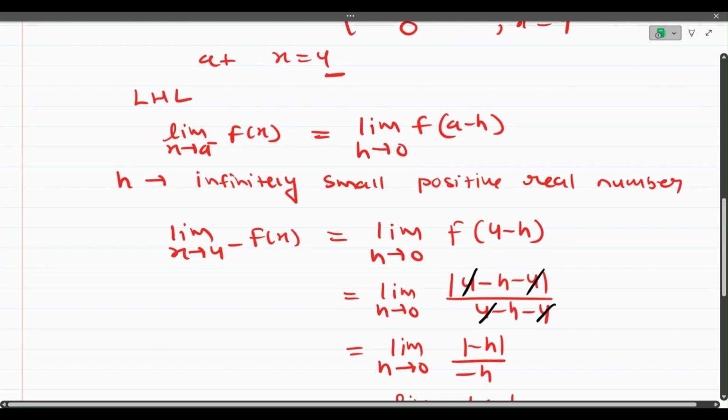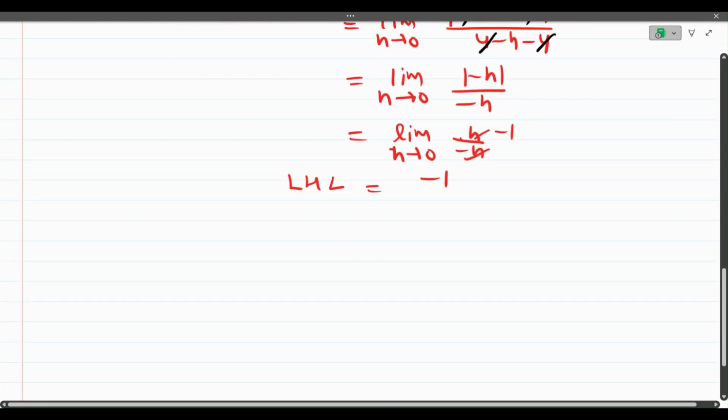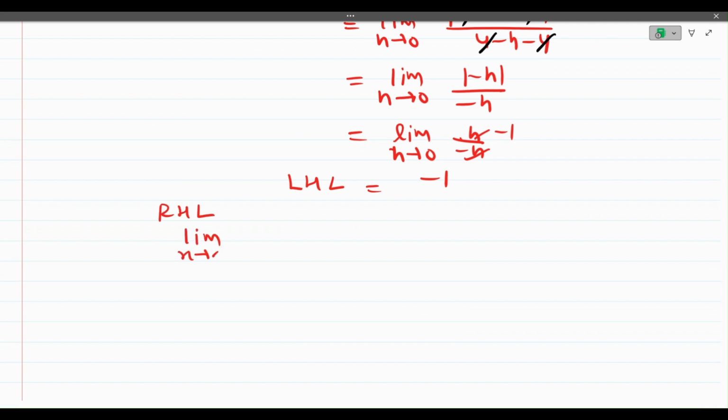Now let's calculate its right hand limit. For the right hand limit, if the function is limit x tends to a of f of x, then we substitute x tends to a with h tends to 0, and we write a plus h. So instead of x, we write a plus h. Now here in this function, a is 4.